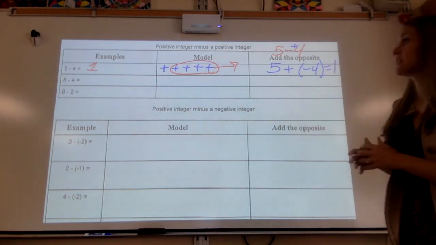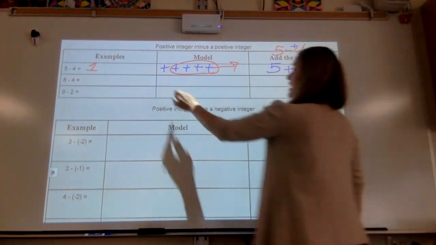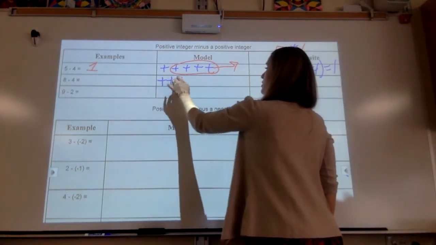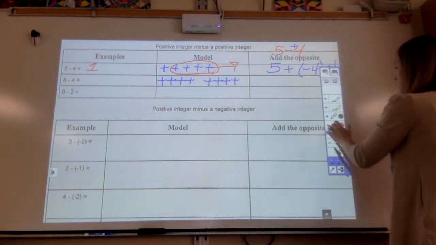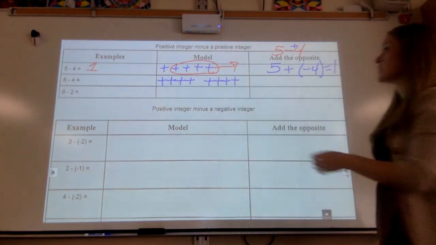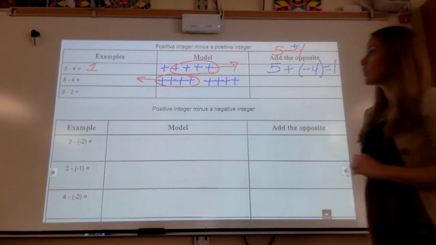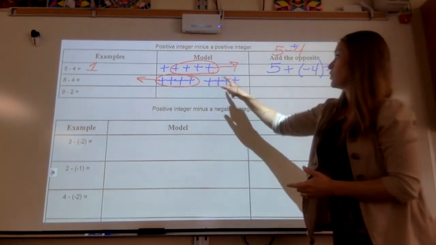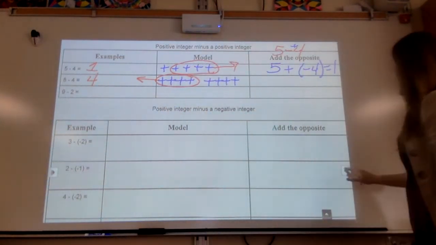We're starting off easy. Let's start with 8 take away 4. So again, I'm going to start with 8 positives. 1, 2, 3, 4, 5, 6, 7, 8. Can we take away 4? Yep, there's 4 there. We're going to circle those 4, take them away. What's left? What's remaining? 1, 2, 3, 4 tiles. And then can I write it as adding the opposite?